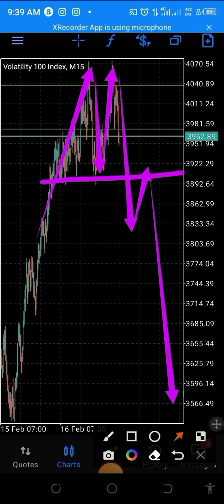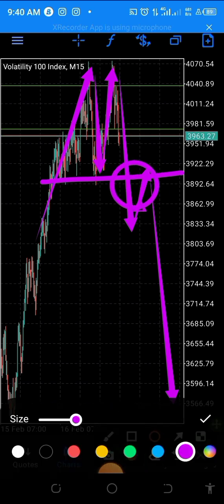Better still, if the signal is as sure as it is now, we can just enter, because we know the market is going to break this zone we've already marked.